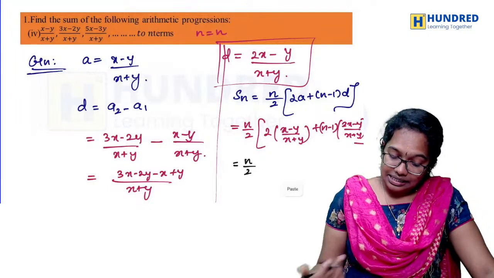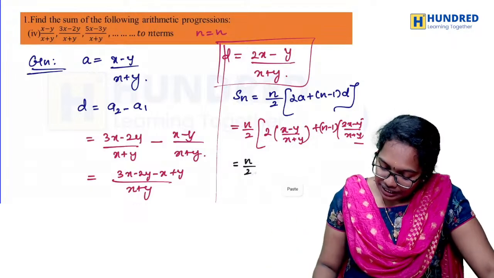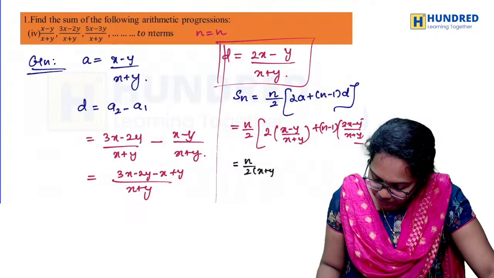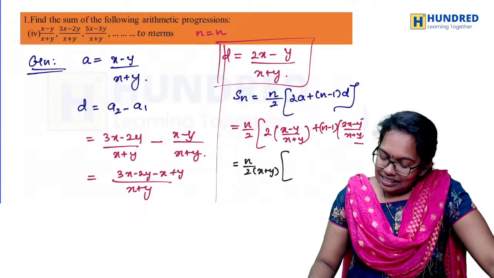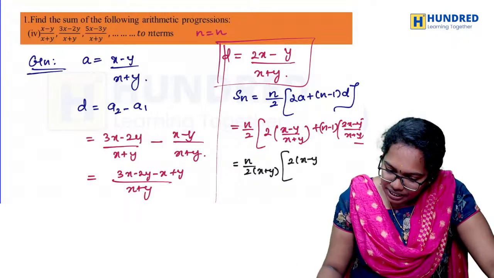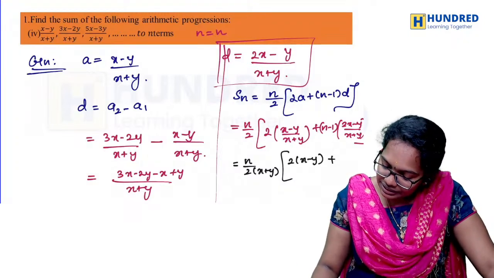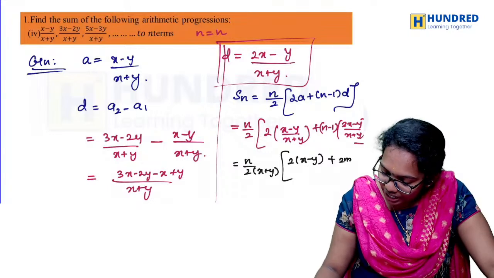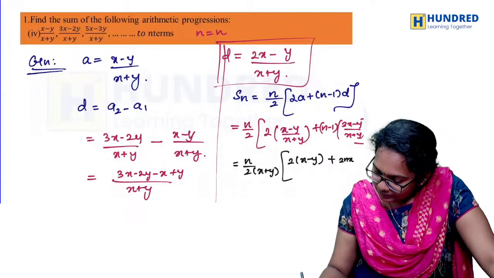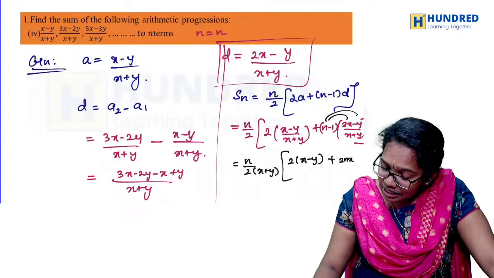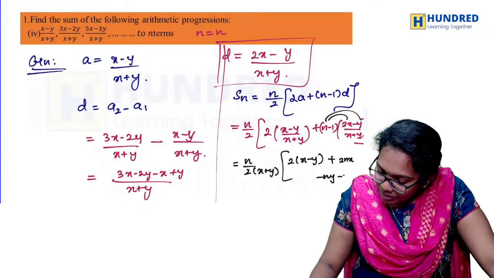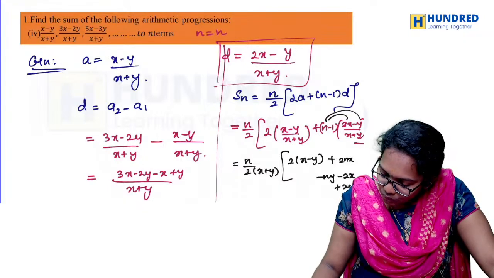Just take the denominator to be common and take it out. It is x + y. So inside it will be 2(x − y) plus (n − 1) multiplied by (2x − y), which gives 2nx − ny − 2x + y.